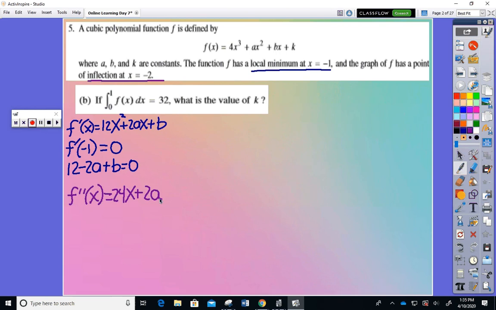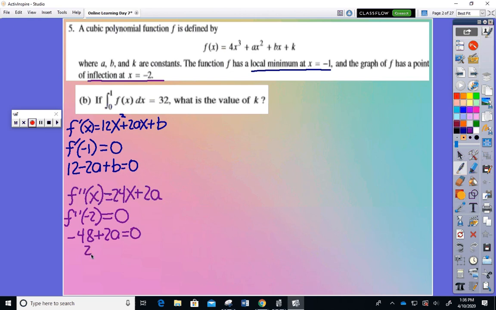The same reasoning applies here: if x equals -2 is an inflection point, it must have been a hypercritical value. That means f double prime of -2 would have been 0. So let me do f double prime of -2: 24 times -2 is -48, plus 2a equals 0.